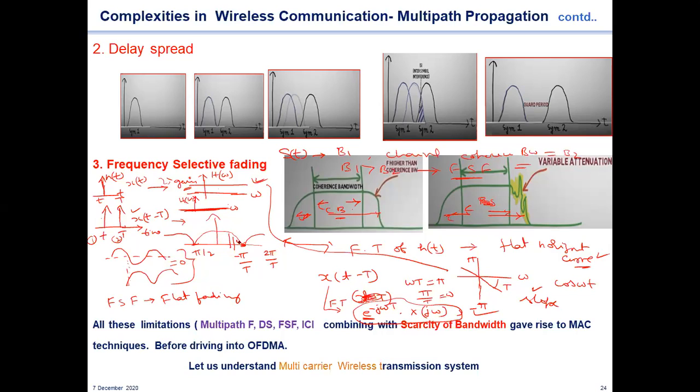But if the signal bandwidth is wide band, it encounters frequency selective fading. What we do in OFDM, I'll tell you in the next slide.